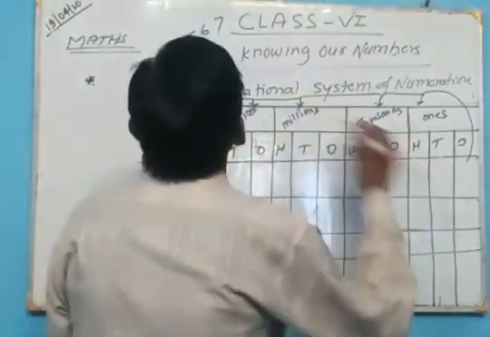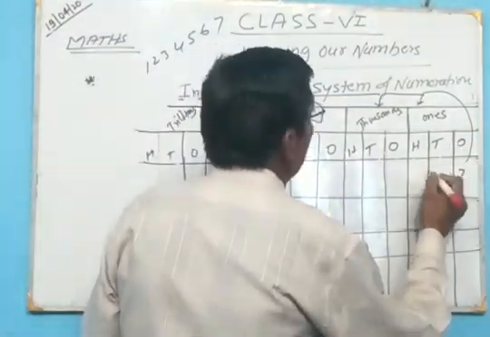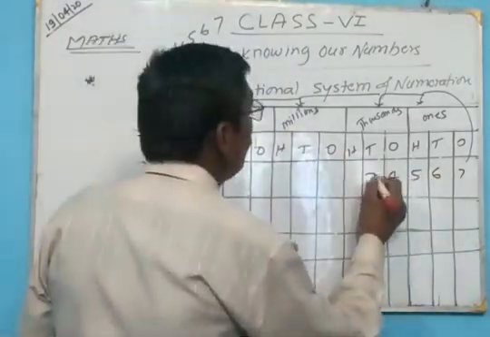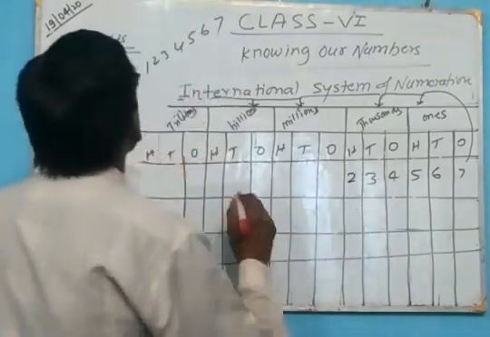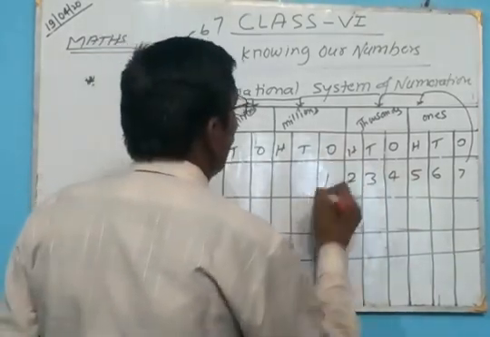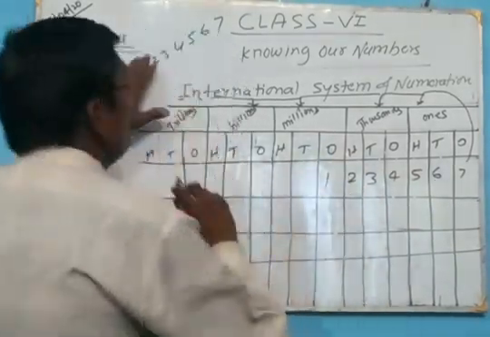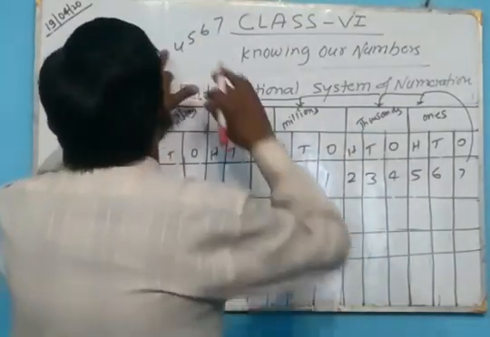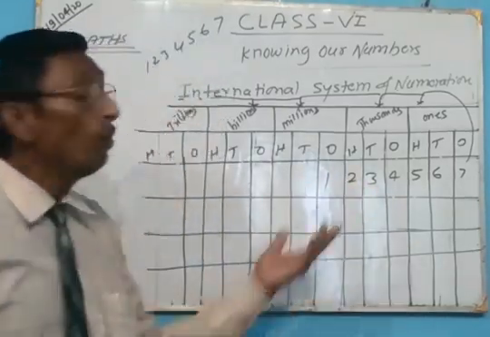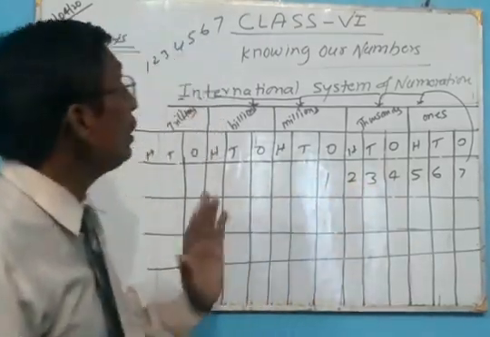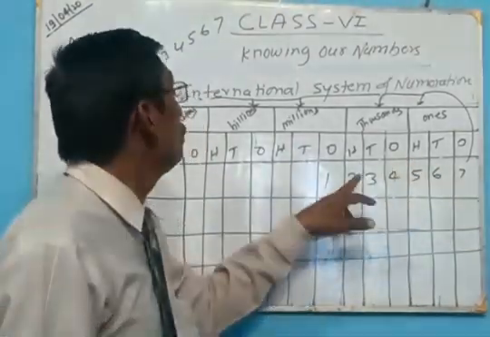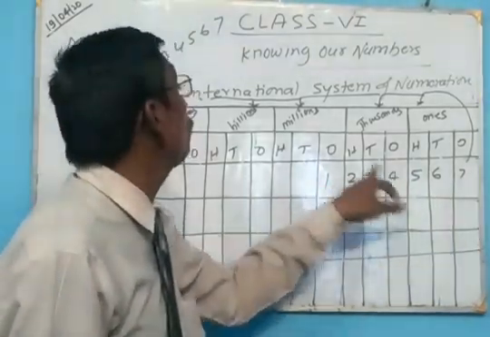See: 7, 6, 5, 4, 3, 2, 1. How can we represent it? We can see it as 567 ones and 234 thousands.